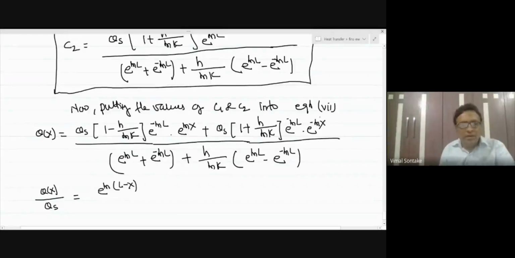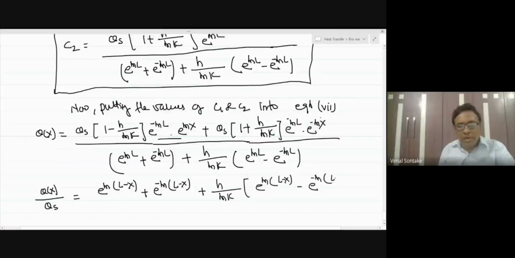It came from here, after multiplying with this term, plus e to the power minus m(l minus x). If I multiply this entire term with 1, I will get this term. Plus h over mk is common everywhere. Similarly, it will become e to the power m(l minus x) minus e to the power minus m(l minus x).